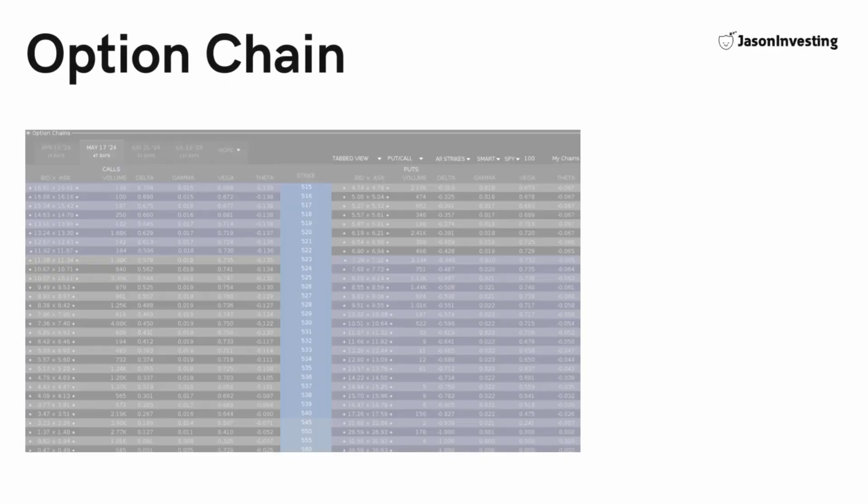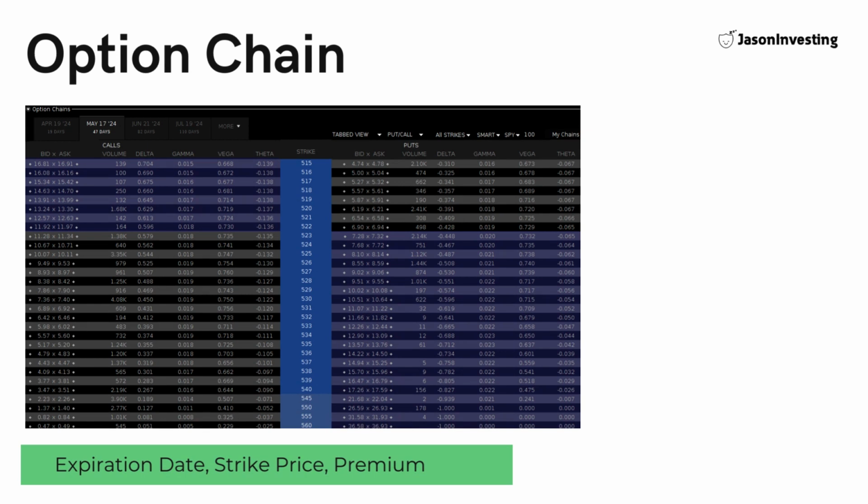If you look at the option chain, you can see these components in there. Let's first talk about the expiration date. If you look at the top left corner of the option chain where you see multiple tabs, the different tabs are the expiration dates.